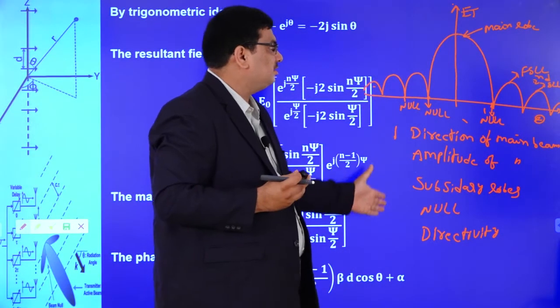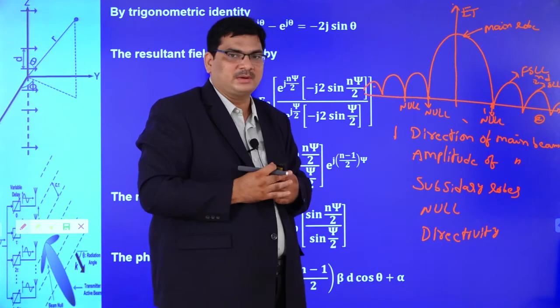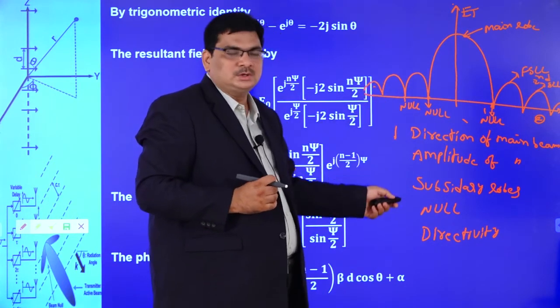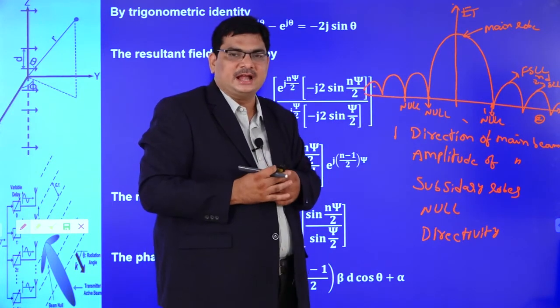These we should find for the number of elements of your array. So, all these parameters we are calculating for the broadside array as well as the end fire array.